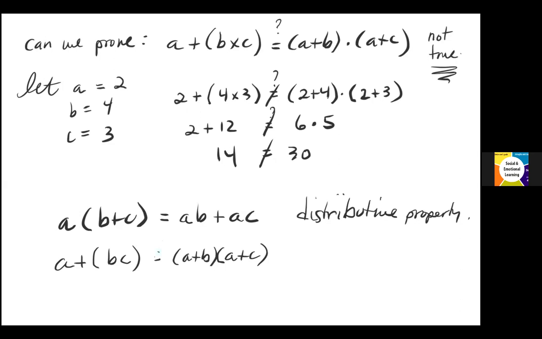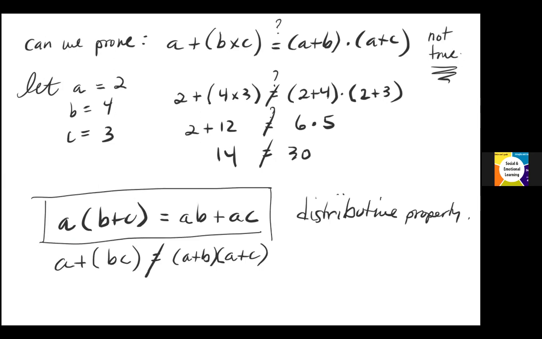We have to just be very careful what the operation is that they're asking us to compute. Do we have a plus in there, or do we have nothing? Do we have a multiplication? Because these are very different. So keep in mind that this is the true one, and the one below is untrue.